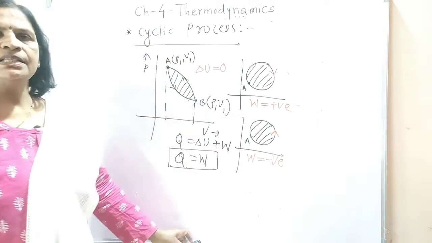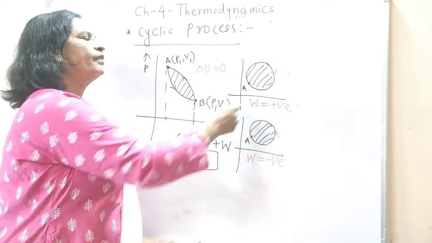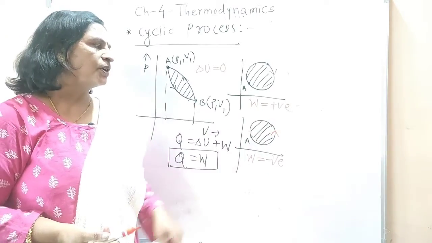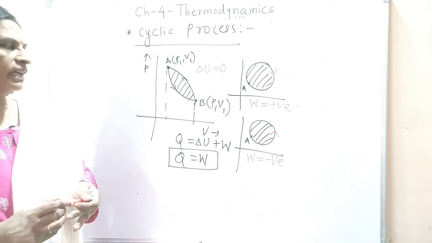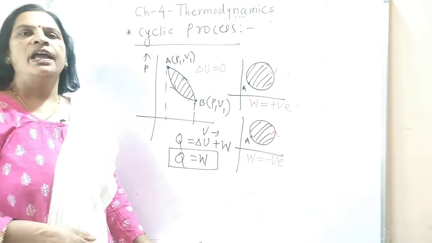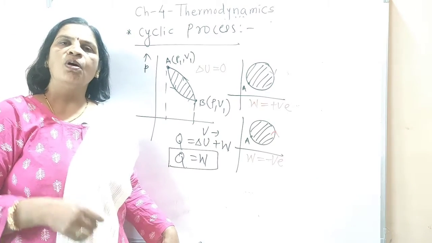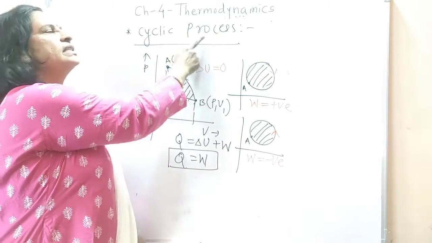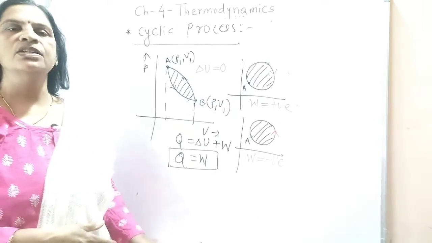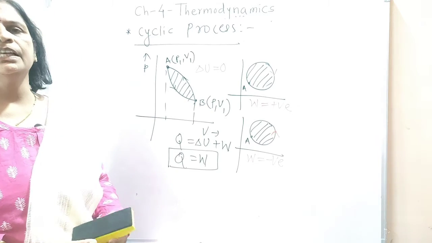Okay? Means if the cycle is in clockwise sense, then work done is positive. If the cycle is in anti-clockwise sense, work done is negative. And the working of all heat engines is based on the cyclic process. This is all about the cyclic process.